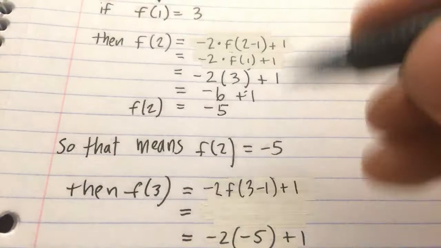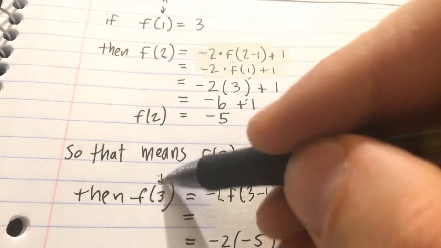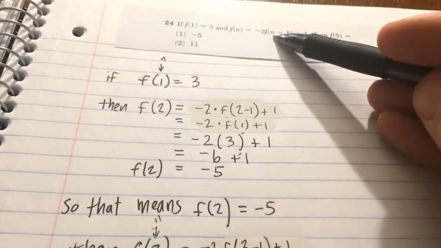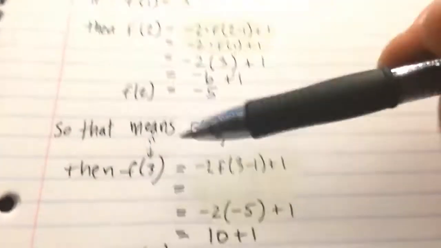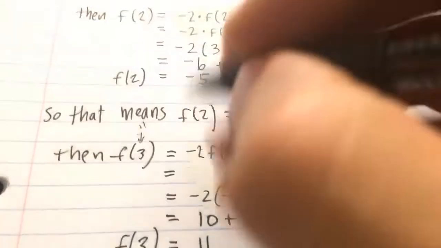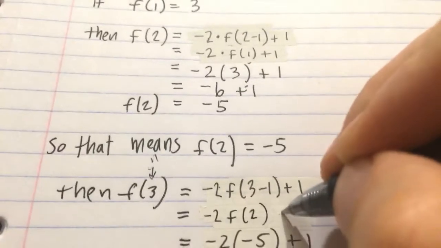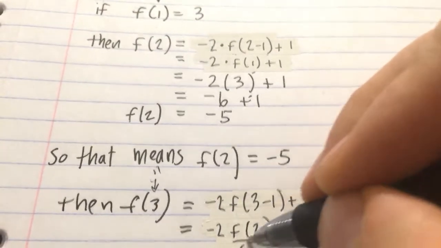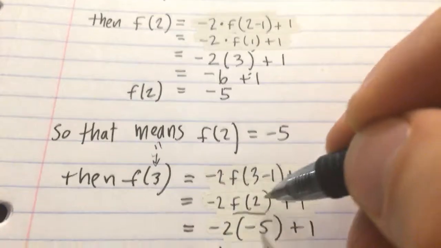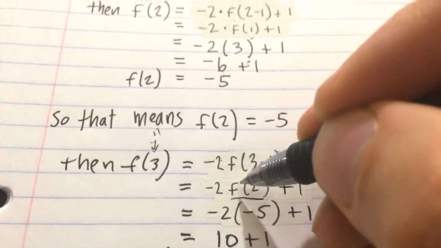With that being said, f of 3, remember this is your n value, so I am plugging n of 3 into here now, so I get negative 2 times f of 3 minus 1. So this means negative 2 f of 2 plus 1. Remember, f of 2 equals negative 5, so I plug in negative 5 for f of 2.